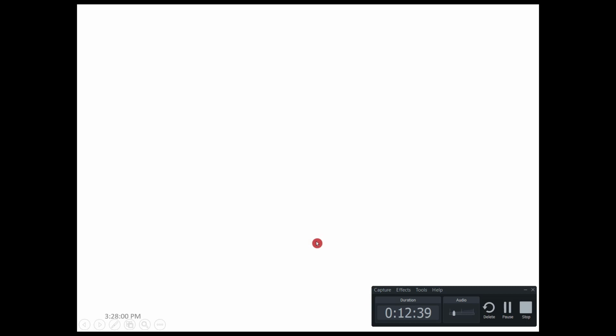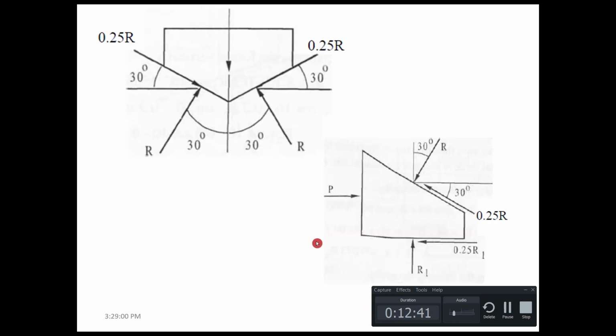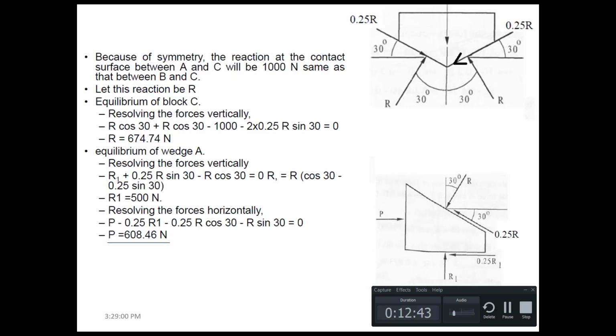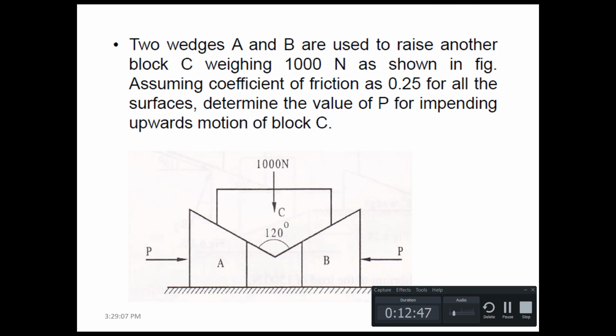First we can draw the free body diagram of body C. Let's note the similarity that the wedges A and B are symmetrical with respect to the central axis.